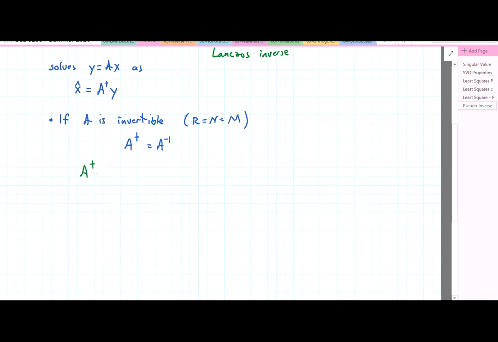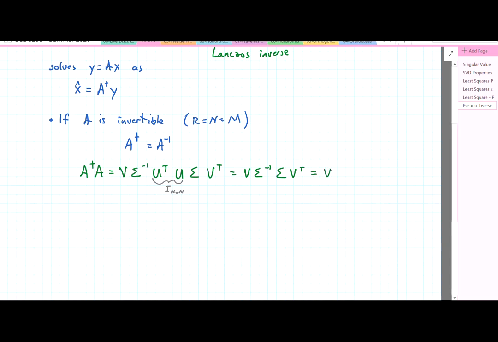A dagger times A would be V sigma inverse U transpose U sigma V transpose, which is just V sigma inverse sigma, and there would have been an n by n identity matrix in the middle there. And once again, if it's invertible, then all the singular values are going to be greater than 0.